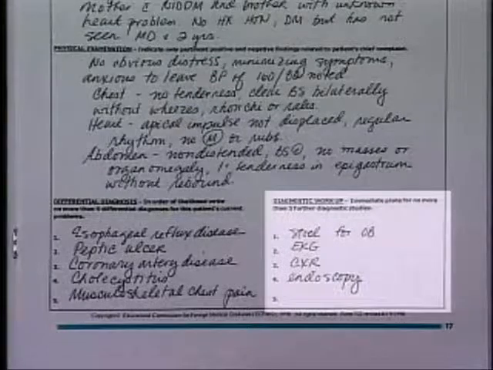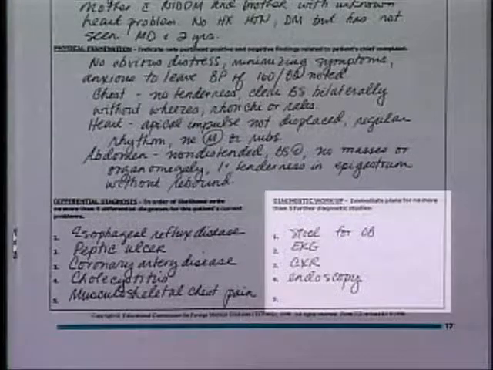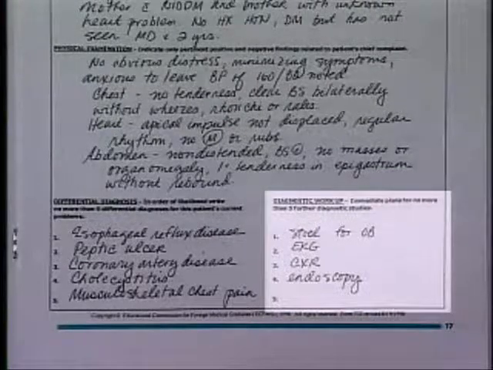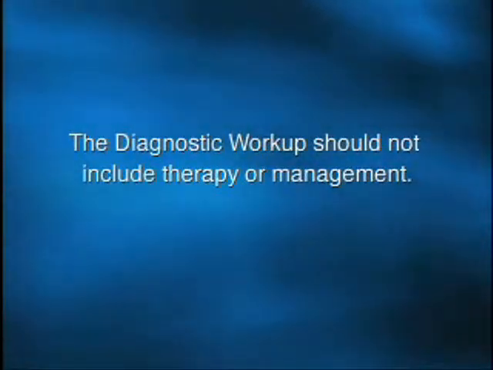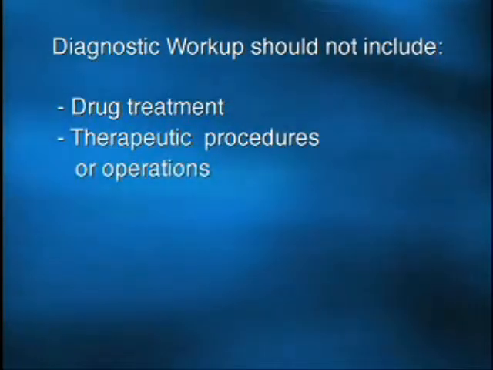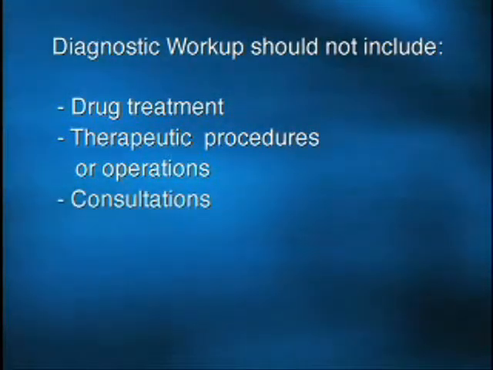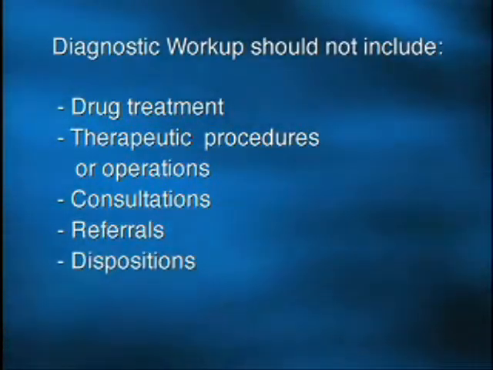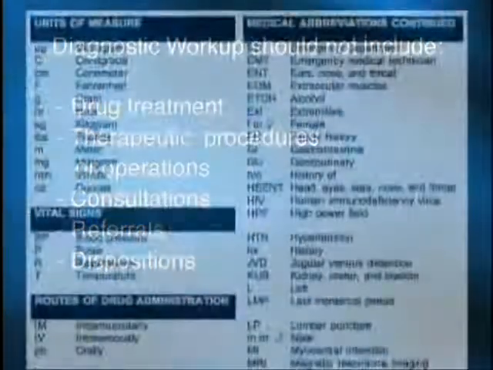CBC, electrolytes, and urine analysis are fine, but not the more general terms such as chemistry or SMAC or LFTs. The workup should not include therapy or management, so it should not include drug treatment, therapeutic procedures, or operations, nor should it include consultations, referrals, or dispositions such as admit patient to hospital.